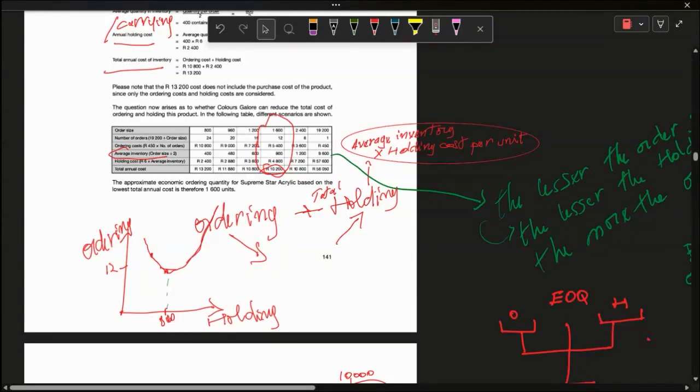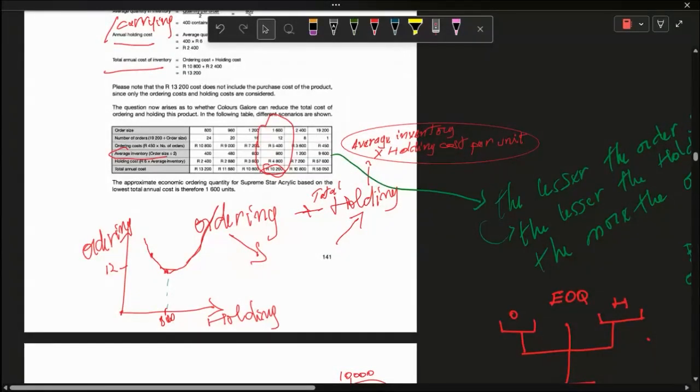I provide you this graph to show you that you will minimize the cost when you are at this level. Remember, for the average inventory, you take the order size divided by 2. When you reach 1,600 as the order size, that's where you would minimize.